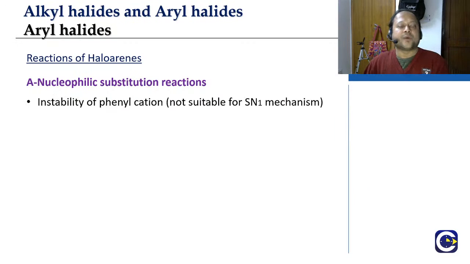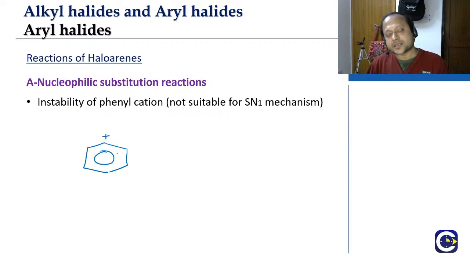Then, as we discussed, a phenyl cation is not at all stable. A phenyl carbocation is even less stable than aliphatic alkyl carbocations.